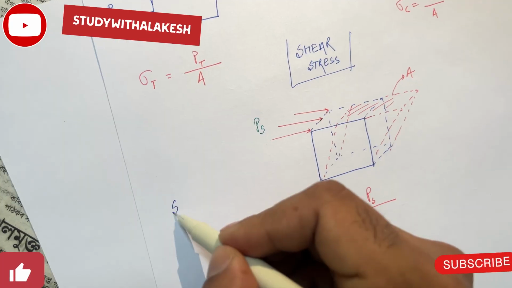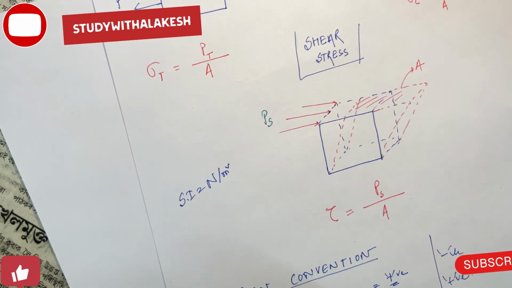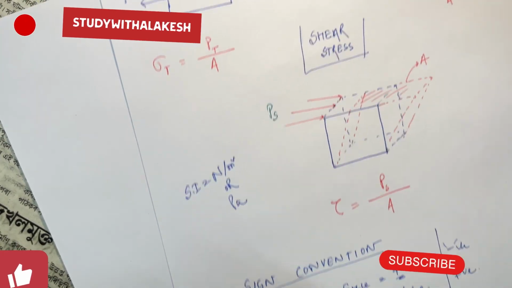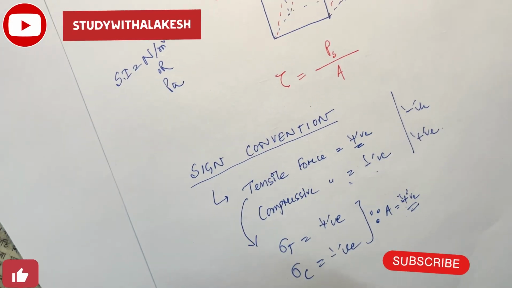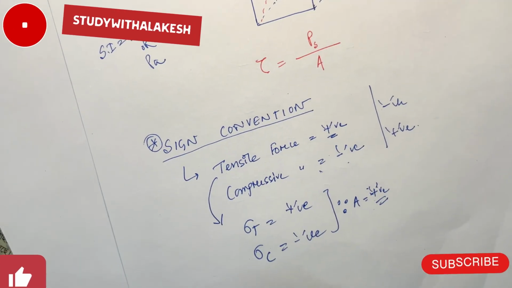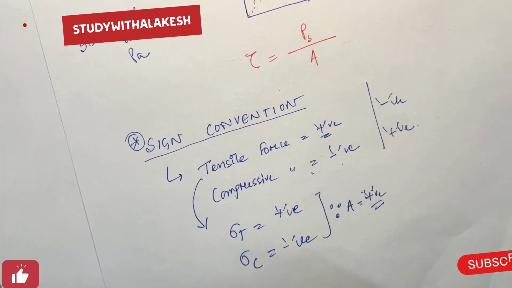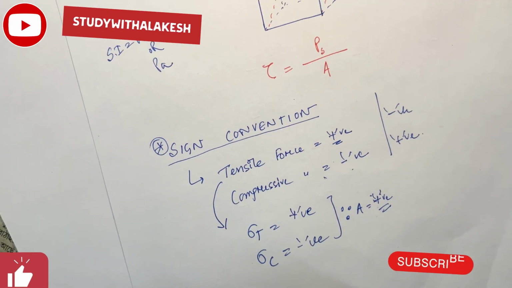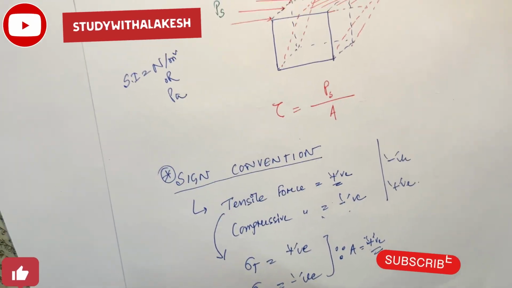The SI unit will be Newton per meter square, or Pascal. And the sign convention is always like this. Or if only one force is applicable, then there is no need to consider this sign convention. By default you can go with positive only. We'll see questions on this, and then these things will get cleared up.